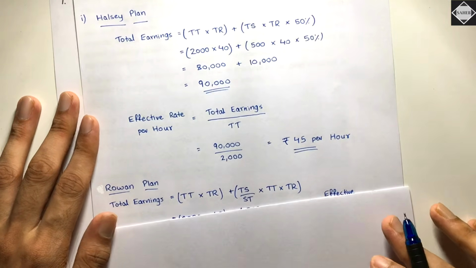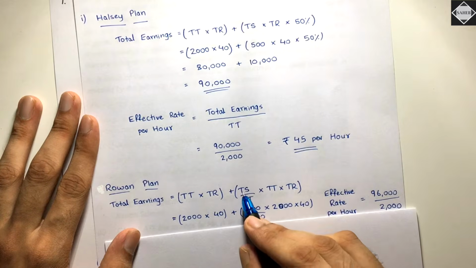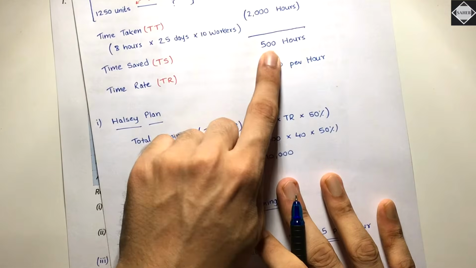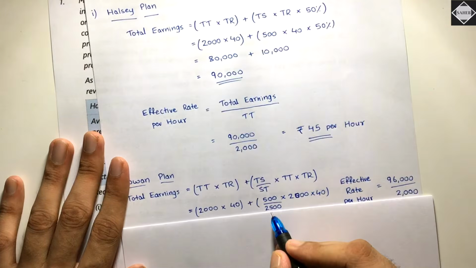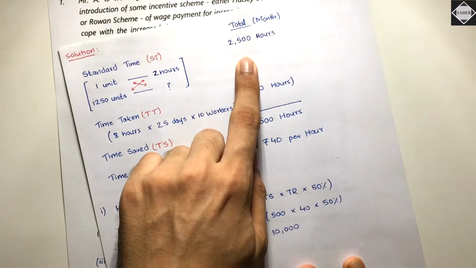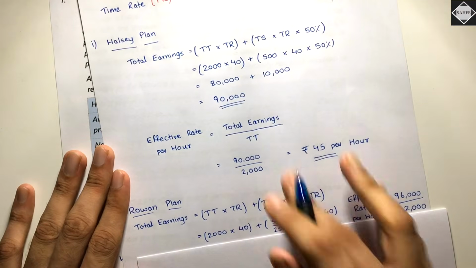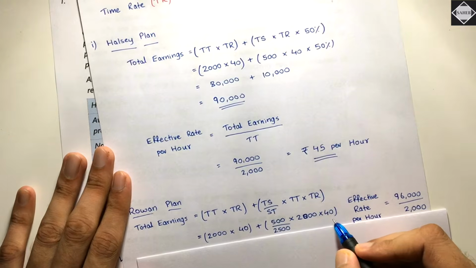So let's input the values. TT into TR, 2000 into 40, plus time saved, 500 hours, divided by 2500, that's the standard time, and then into TT, 2000, into TR, that's 40 rupees.